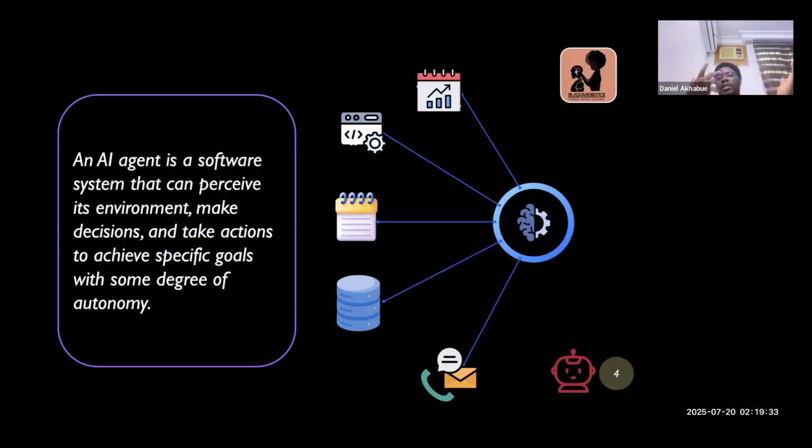What is present in the application is a rule-based system. For example, I want to schedule a meeting with my bank manager. For me to do that, I have to make a call to maybe the front desk to say I want to schedule a call with my bank manager.